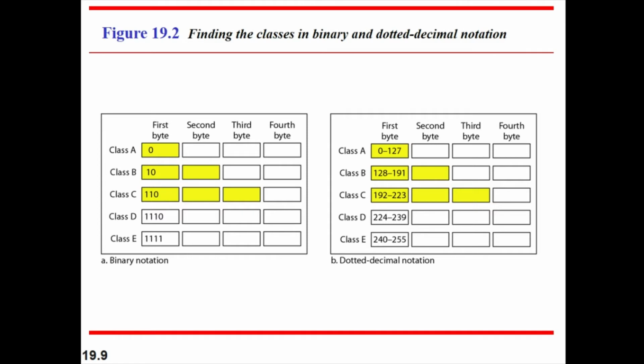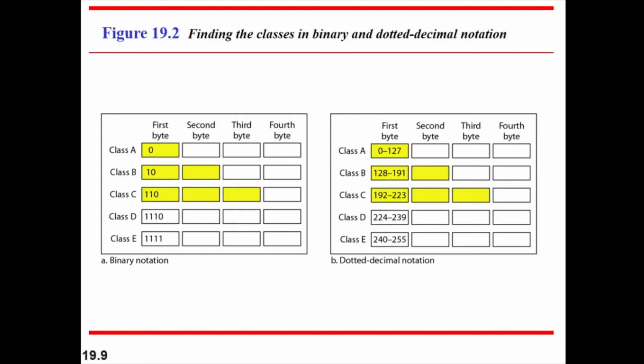In decimal notation, class A will start from 0 to 127. So it means if the IP address is 0.1.1.1, it starts at 0, so that means class A. Class B is 128 until 191.